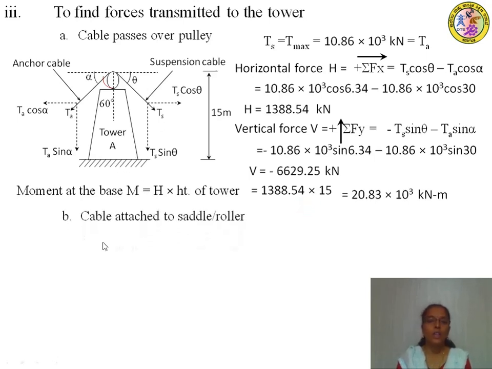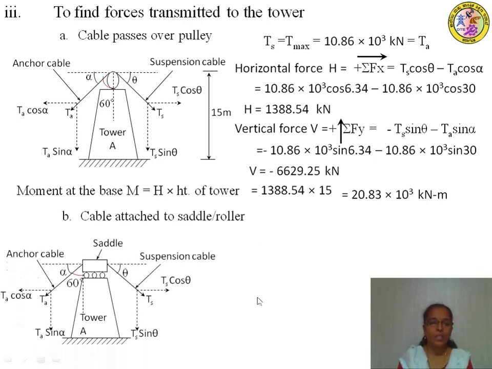Okay. So next we will take up the second case, that is when the cable is attached to saddle or roller. Okay. So this is the figure. Suspension cable, anchor cable making an angle of theta and alpha with respect to horizontal respectively, and the anchor cable is at an angle of 60 degree with respect to vertical, therefore this is 30.